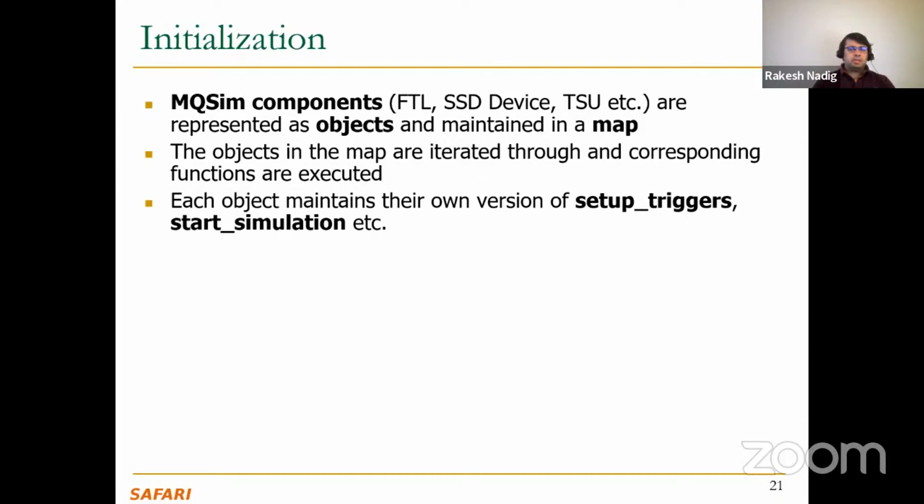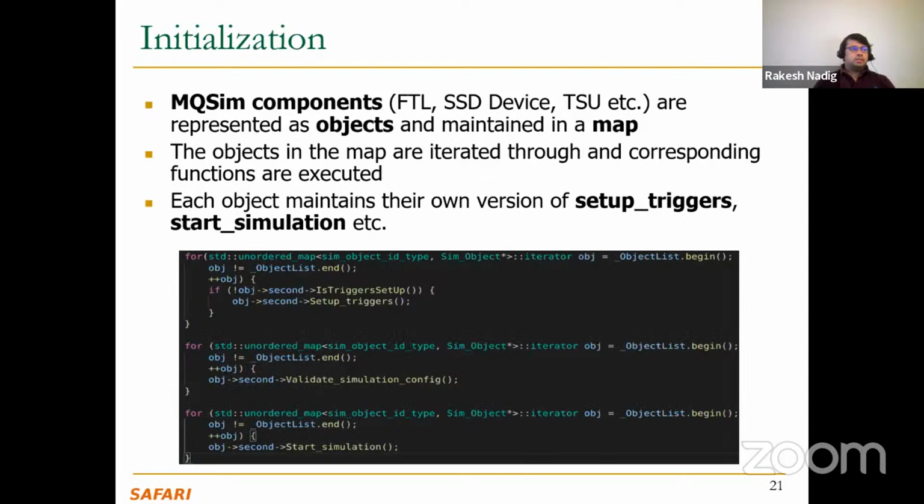We need to implement interfaces like setup triggers and start simulation, which are called by the simulation engine. If you look at this figure, you will see that there is a setup triggers function which is getting called.